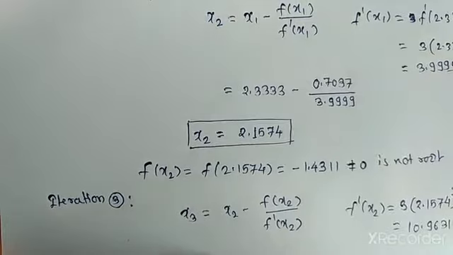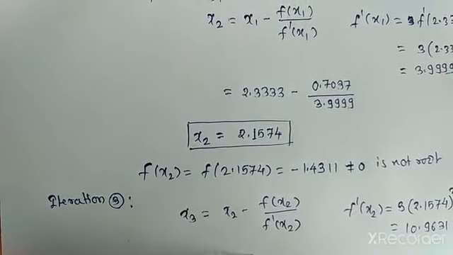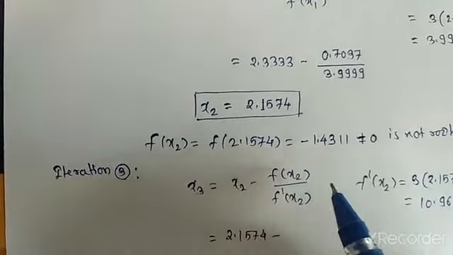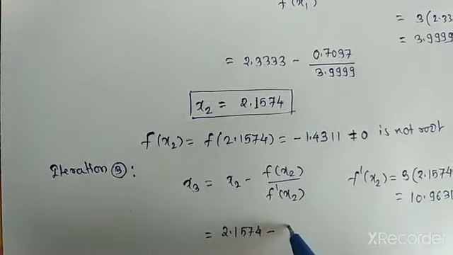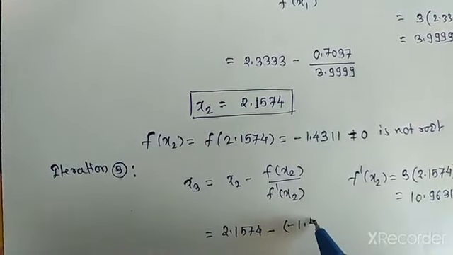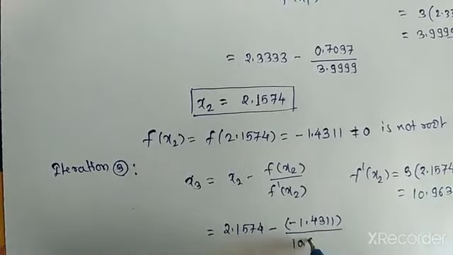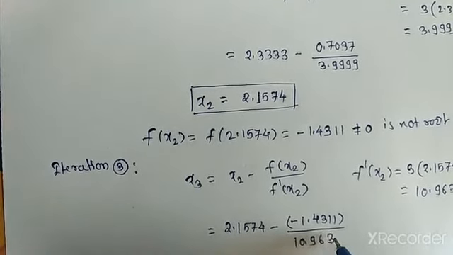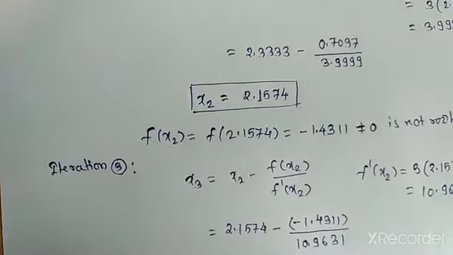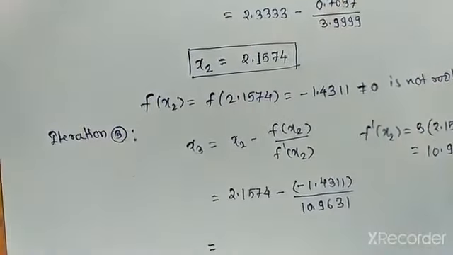So we will take 2.1574 minus f of x2, which is minus 1.4311, divided by 10.9631. I will make all the calculations on a calculator.